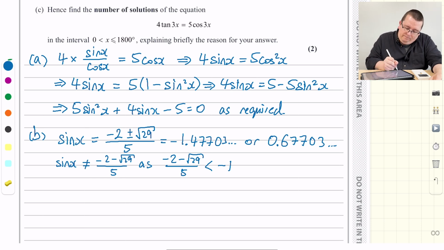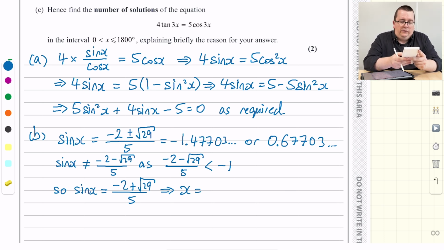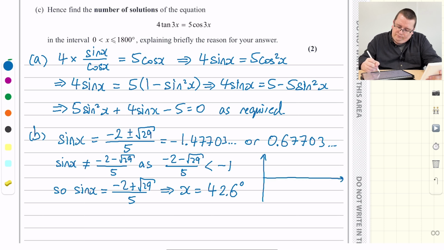Okay, so sine x is equal to minus 2 plus root 29 over 5. So if we inverse sine that, so arc sine of minus 2 plus root 29 over 5, we get 42.6 degrees, so 42.61222. Now, the sine curve looking like this.